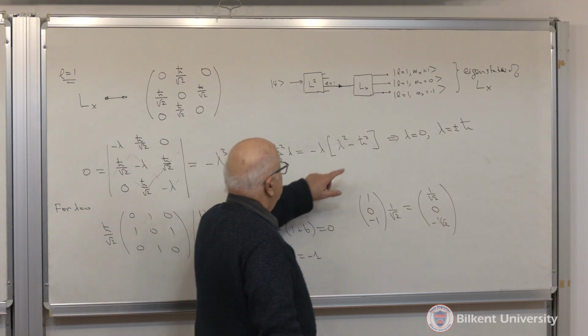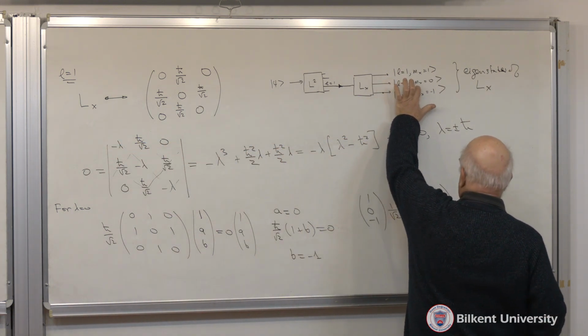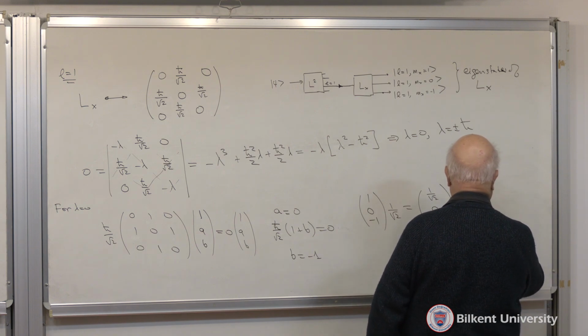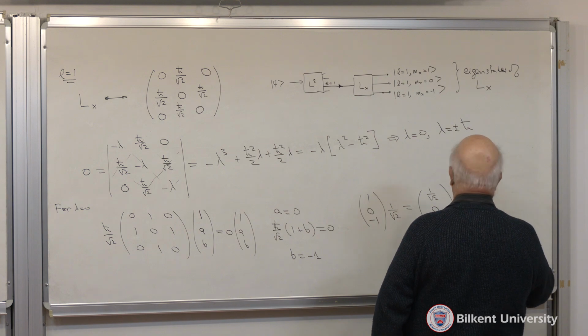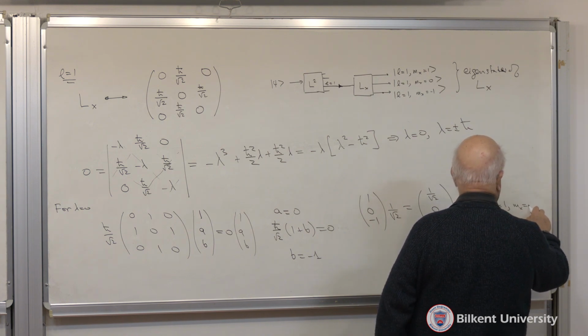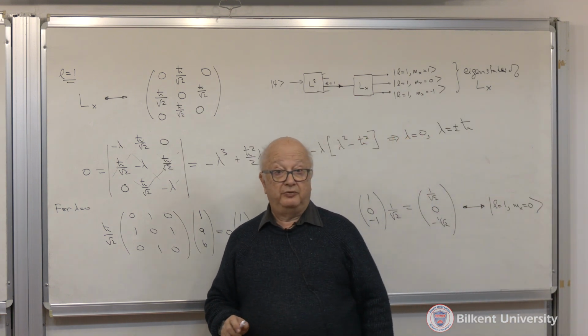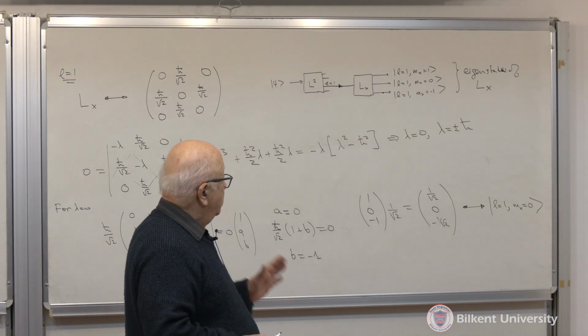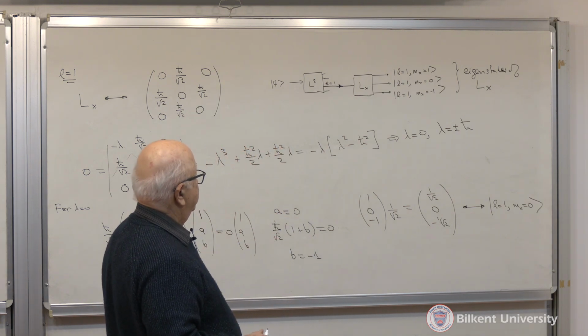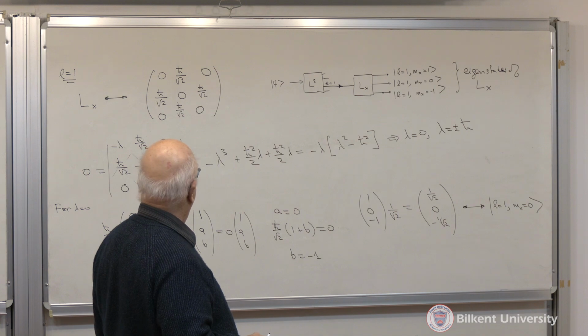It's the one which corresponds to this guy here. So this is associated with the ket vector L equal to 1, mx equal to 0, that's the 0 that we have here.